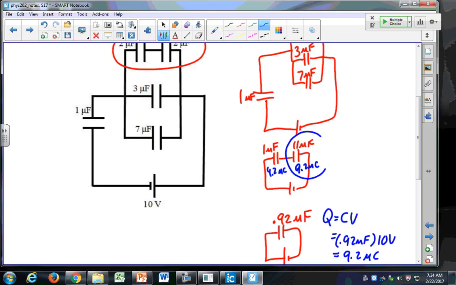So now I can find my voltage. V is equal to Q divided by C, which is going to be 9.2 over 11. And that is 0.84 volts. Notice that the big capacitor has the small voltage, 0.84.